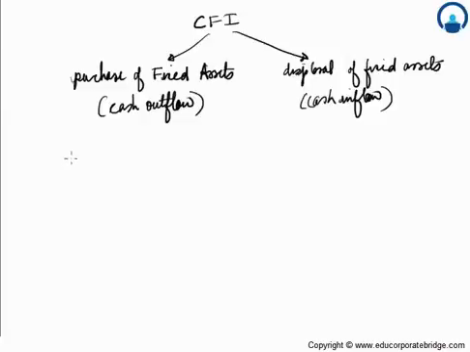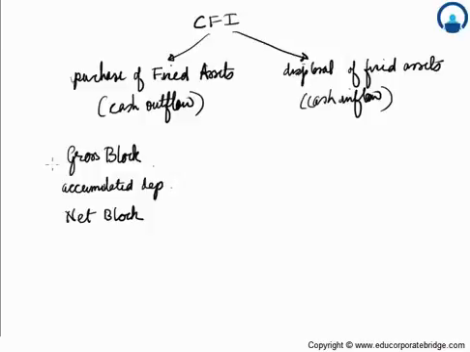So, when we look at the balance sheet, you'll find that there are cases where we have the gross block of fixed asset being mentioned. Then we also have accumulated depreciation, and then we have the net block. Now, what we are going to discuss is how do we find the amount that was invested in purchasing the fixed assets.